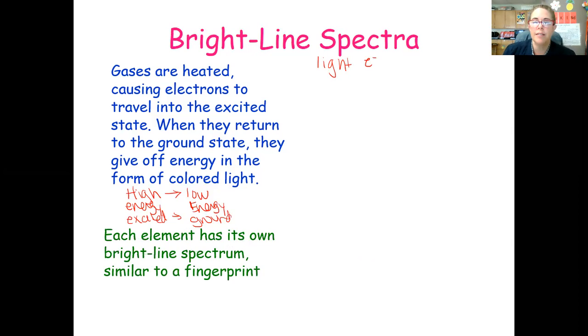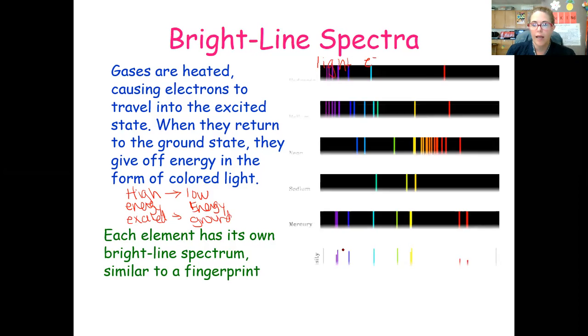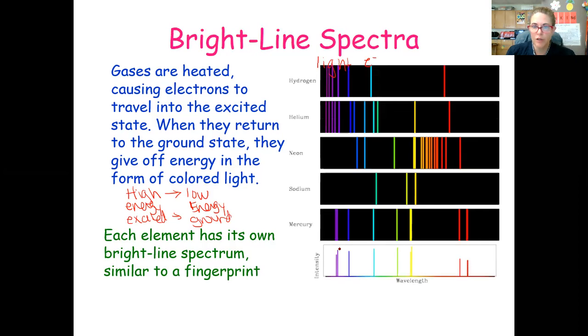Every single element has a unique bright line spectrum because no two elements have the same electron configuration, because no two elements have the same number of protons. So when electrons go from the excited state after they've absorbed some energy, they have to release that energy in the form of light. This is how our bright line spectrum is produced.